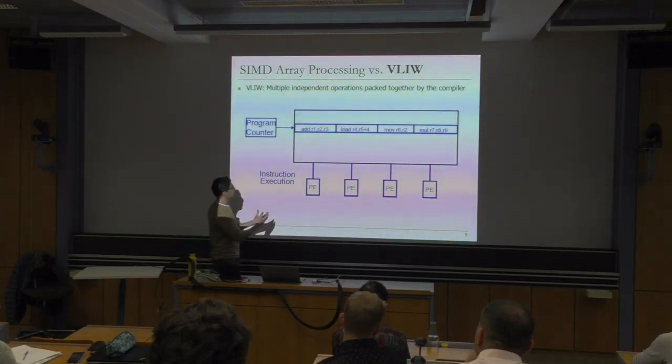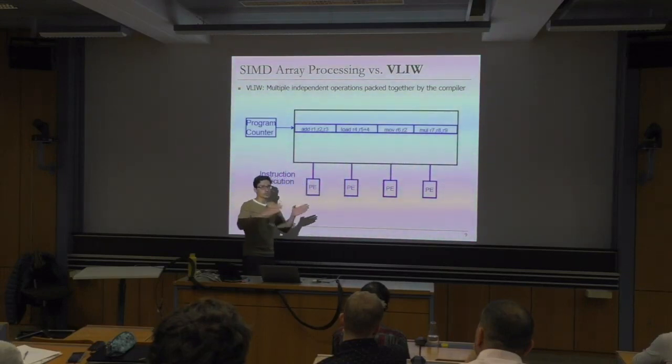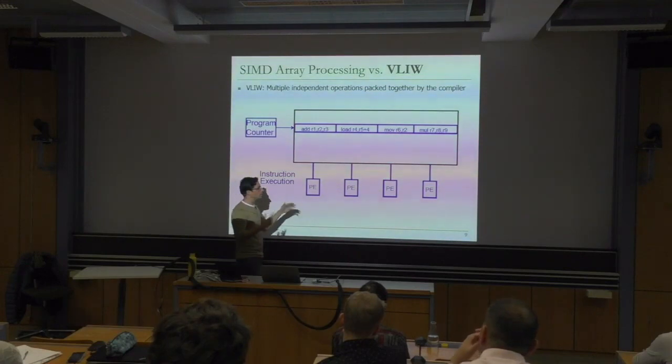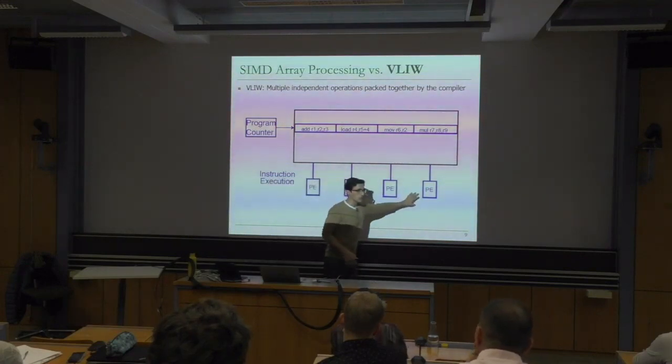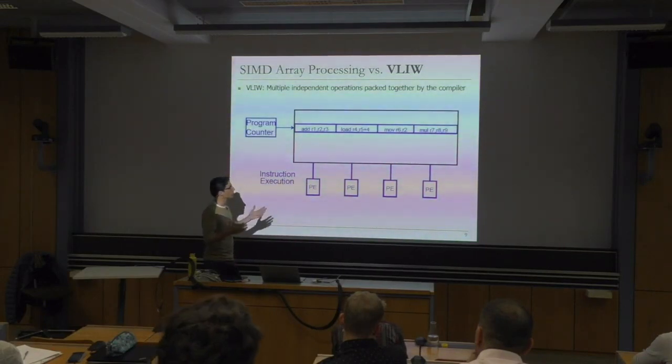They create a program where every single instruction is a very long instruction that actually has multiple instructions in it, multiple instructions that are independent and can be issued at the same time. So they can be executed on the processing elements at the same time because they are independent, and we can exploit instruction level parallelism in this way.